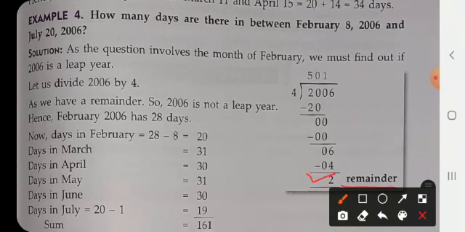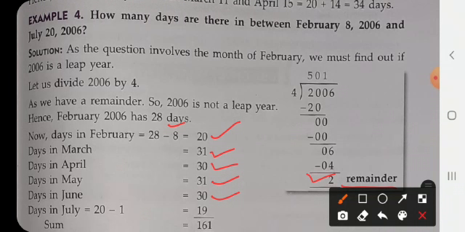Now in 2006, the month of February had 28 days, but the day is 8. So we subtract 8 and get 20 days in February. Then 31 days in March, 30 days in April, 31 days in May, 30 days in June, and 20 days in July.